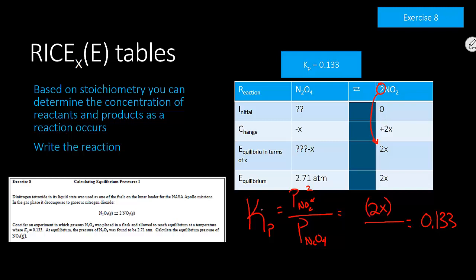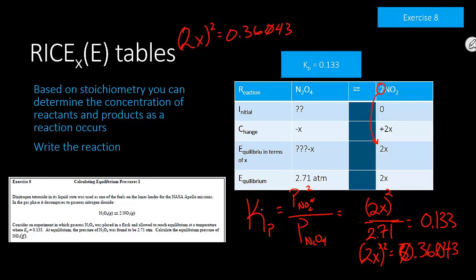So 2x squared over 2.71 has to equal 0.133. Multiplied by 2.71 on both sides, we get 2x squared equals 0.36043. Now 2x squared, distribute this square.